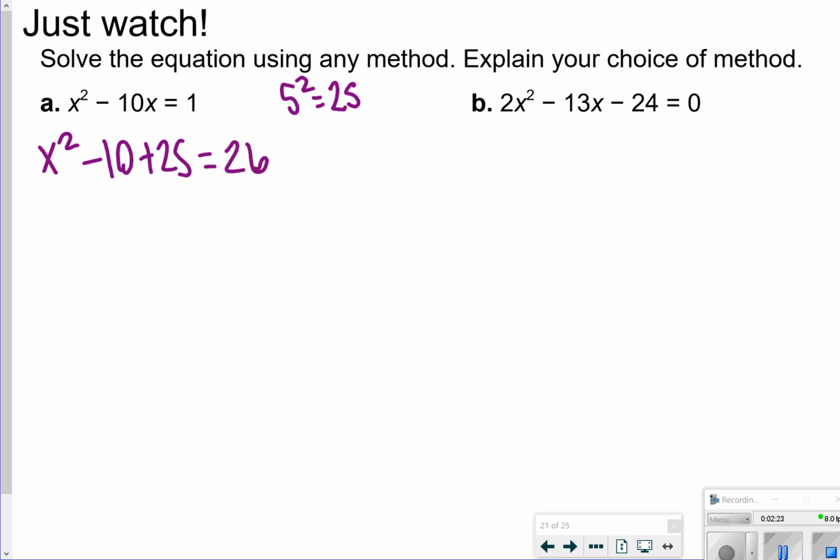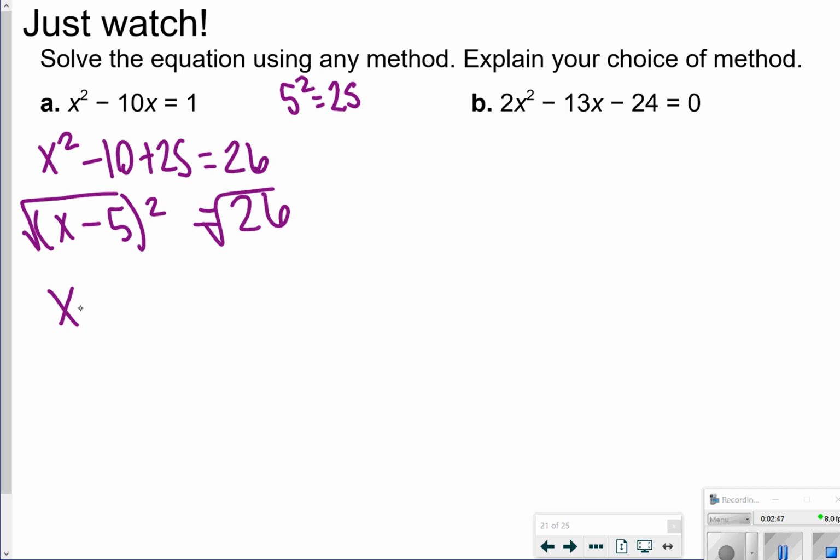Once I have this, I can go ahead and factor my trinomial. That is going to factor to be x minus 5 squared, still equal to 26. Again, to start solving for x, I'm going to find the square root of both sides.